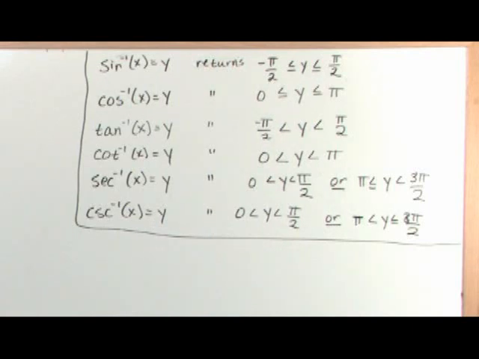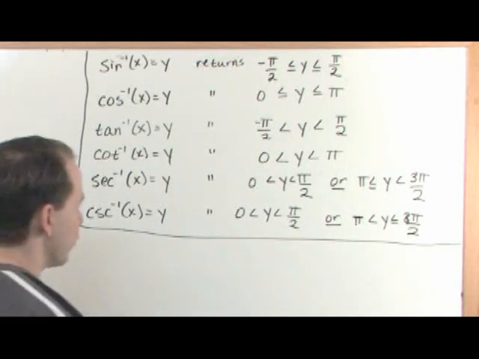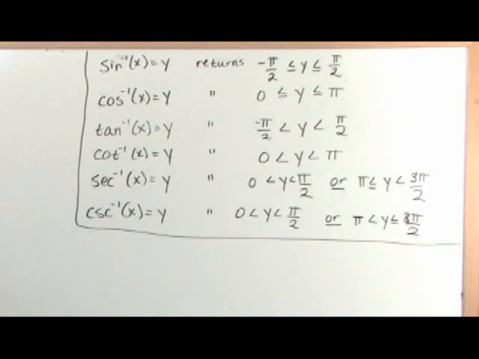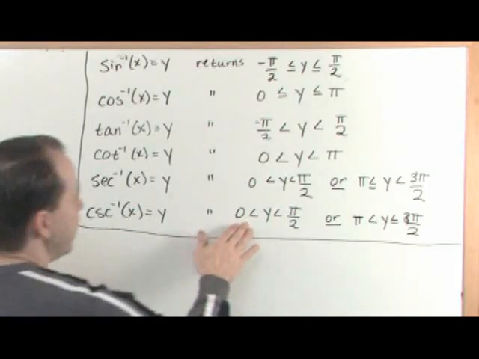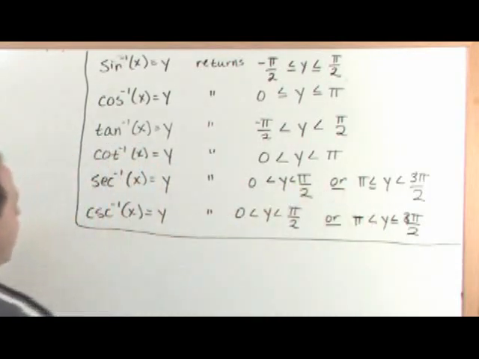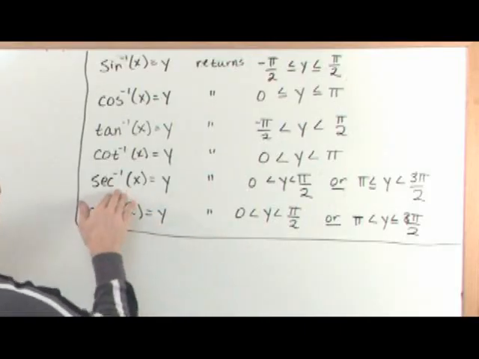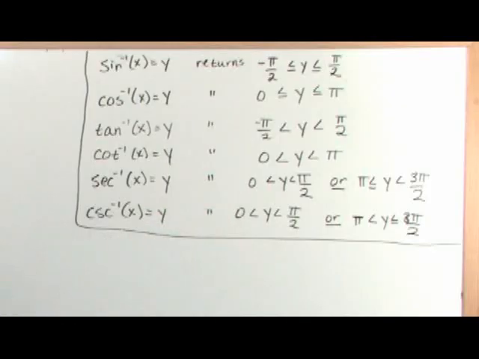Not all of them do. It doesn't mean that your book is wrong. It just means that they chose a different standard. Now these were chosen by most textbooks because later on when we define the derivative of these functions, this definition of the angles makes these derivatives simpler. So when you're doing your complicated derivatives and your integrals, it's going to make life a little bit easier.